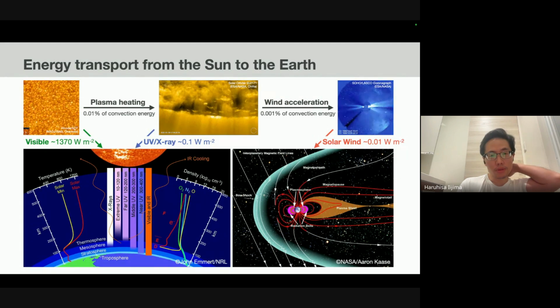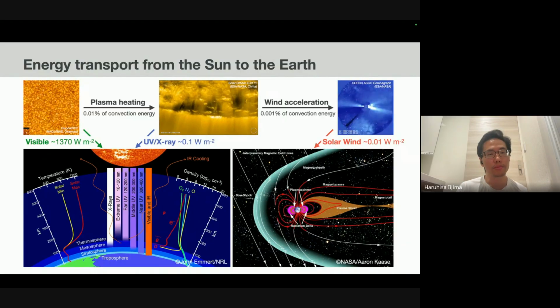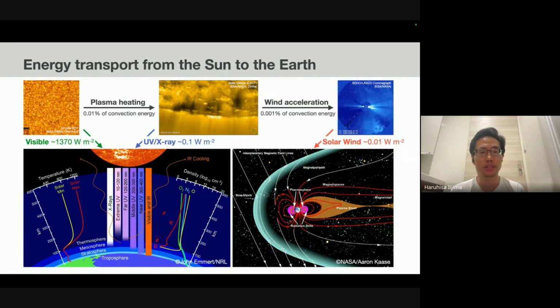The important part is that a very small portion of the energy is used for coronal heating and solar wind acceleration. For example, the total solar energy flux is about 1,370 watts per square meter near the Earth.